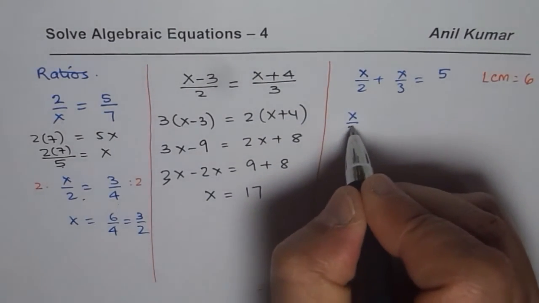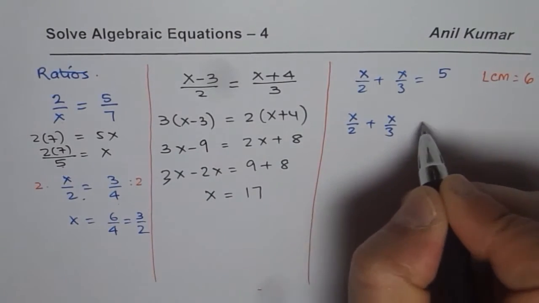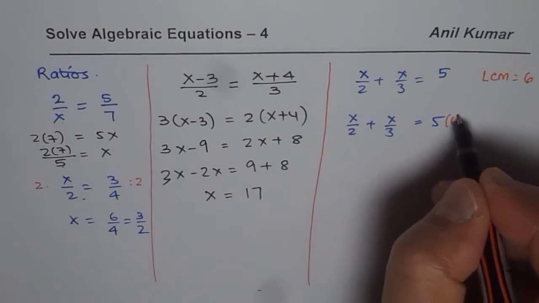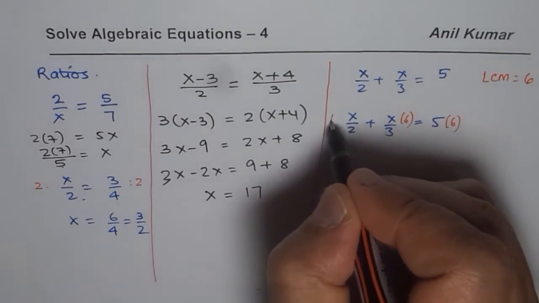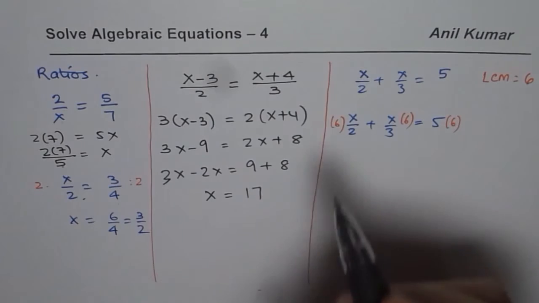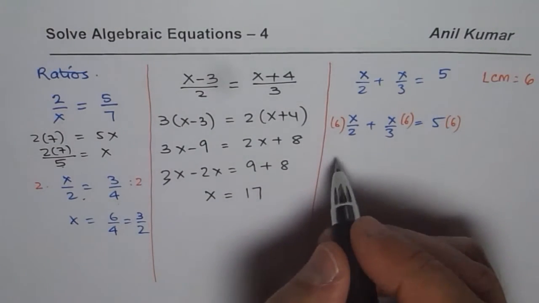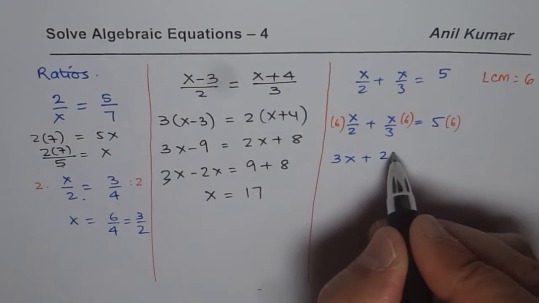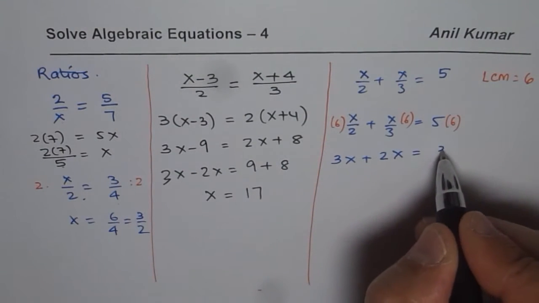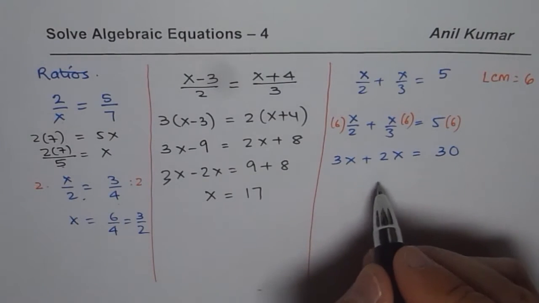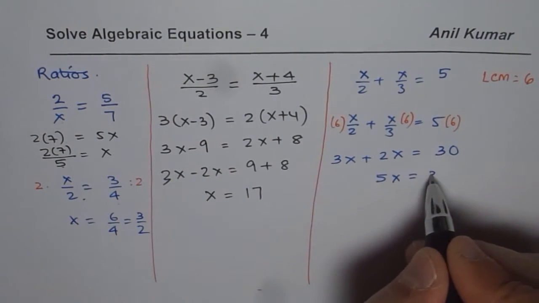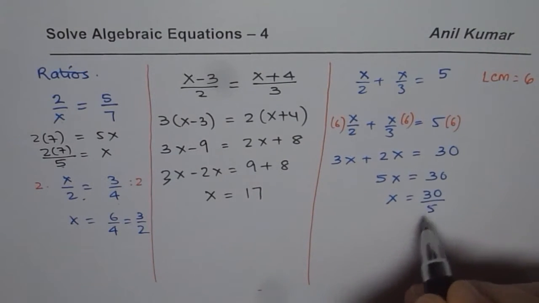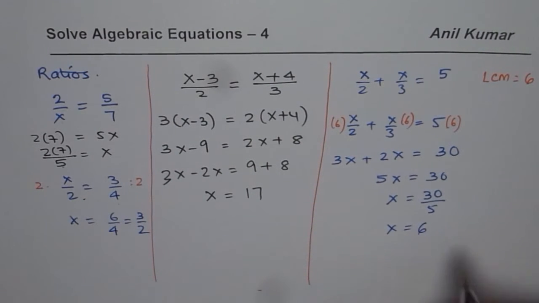So we have x over 2 plus x over 3 equals 5, and I will multiply everything by 6. Now, 6 divided by 2 is 3, so I can write this as 3x. 6 divided by 3 is 2, so I can write this as 2x. 6 times 5 is 30. You get the idea. Now add the like terms: 5x equals 30. Divide by 5, so you get 30 divided by 5, and your answer, x equals 6.